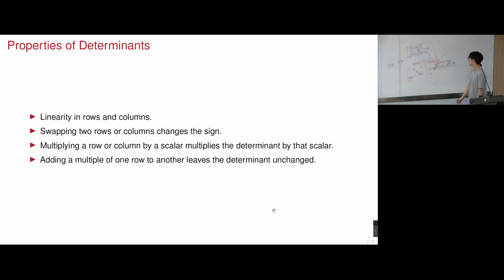They subtract each other, and what we're left with is AD minus BC. So, interestingly, we get the same result. So basically, what it tells us is that if you add a multiple of one row to another, that leaves the determinant unchanged. The determinant value is not going to change even if you multiply one row and add it to another row, okay? So those are the very interesting properties of determinants.